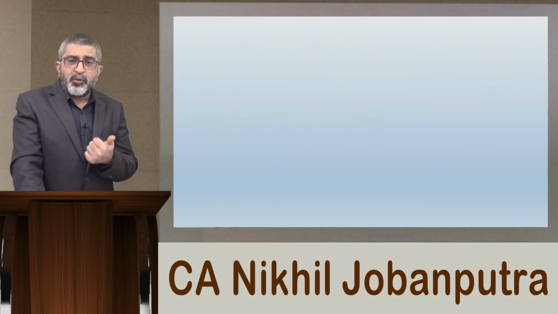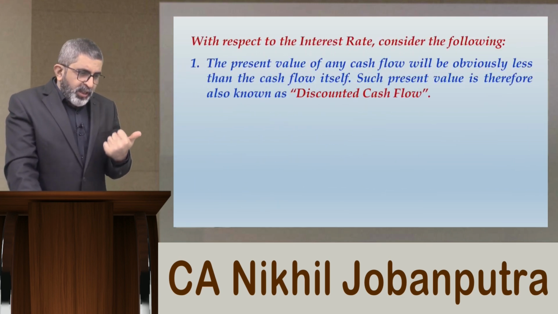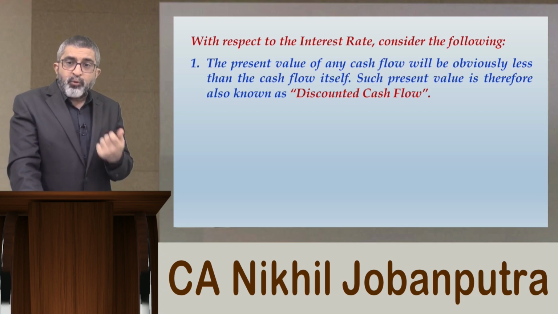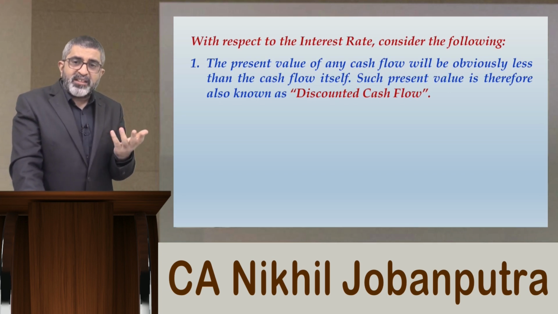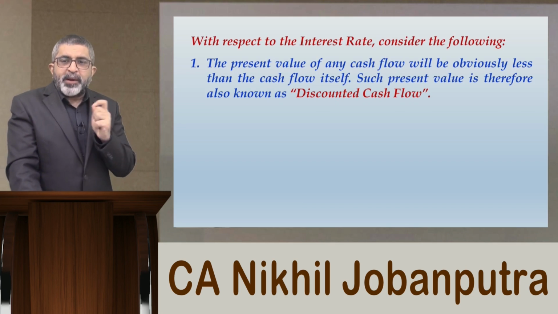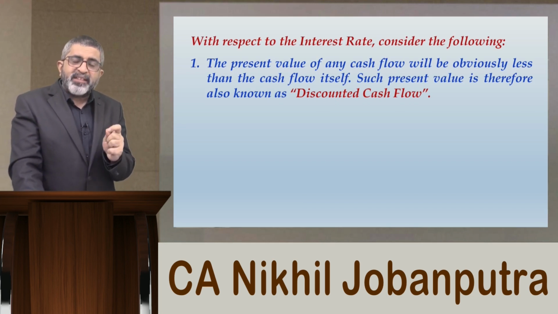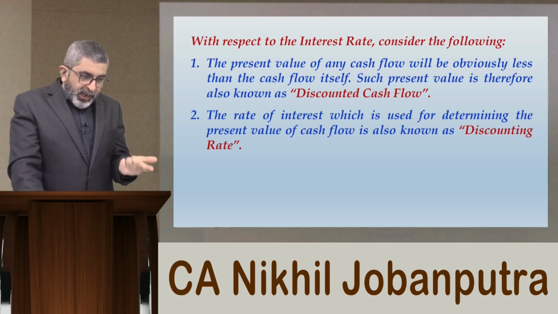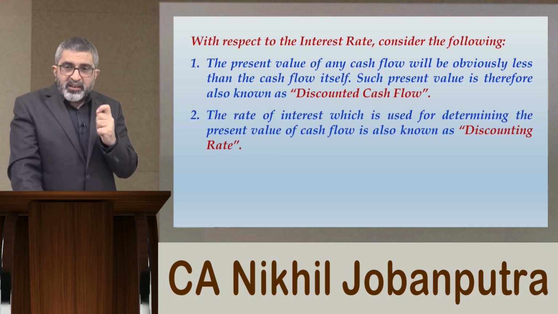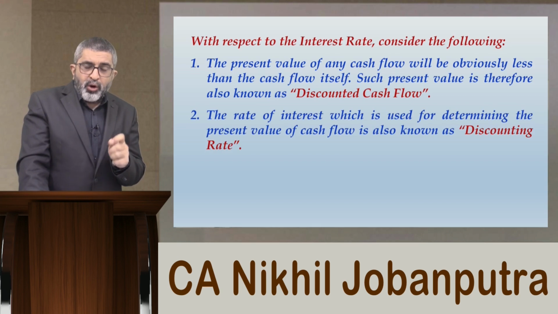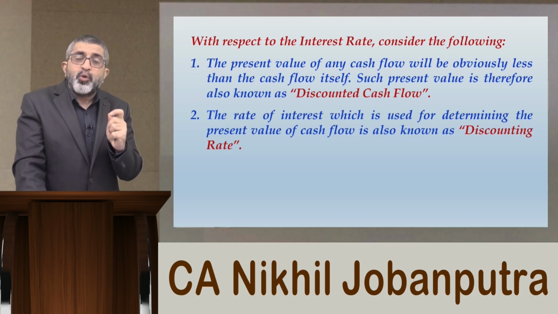So in your notebooks, you first write this point: the present value of any cash flow will be obviously less than the cash flow itself. Such present value is therefore also known as discounted cash flow. The rate of interest which is used for determining the present value of the cash flow or the discounted cash flow is therefore known as a discounting rate.